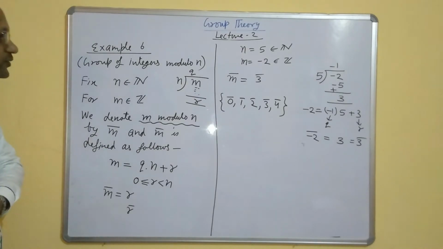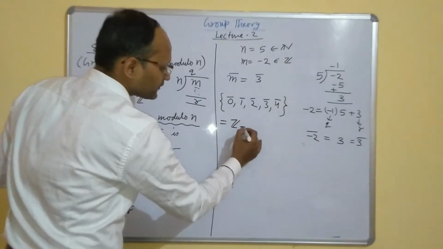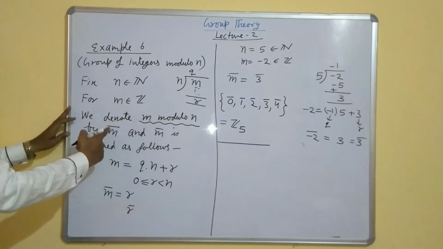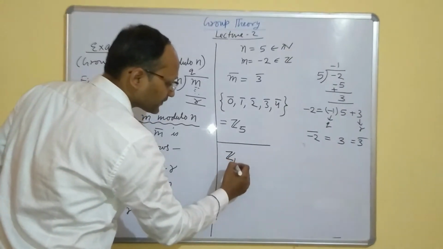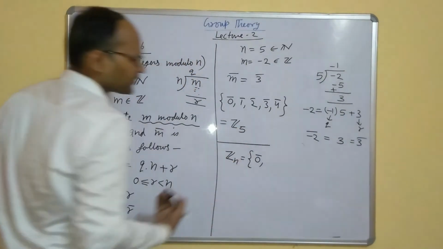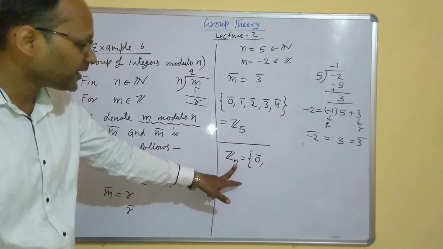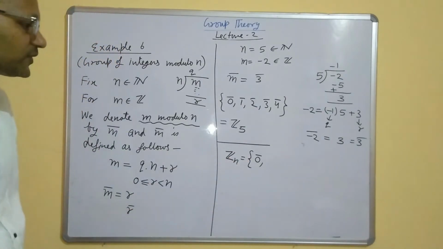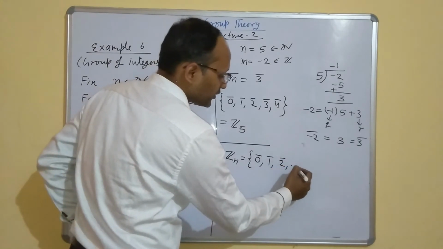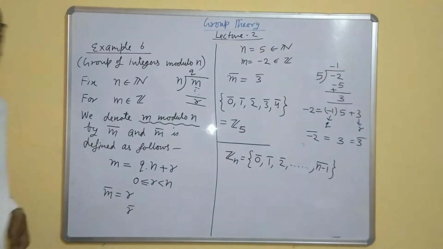Okay. So we usually denote this set as Z5. And similarly, if you determine it for n, then Zn means 0 bar, which actually represents those integers which when divided by n give you 0 remainder, then 1 bar, 2 bar, 3 bar, and similarly n minus 1 bar, because these are the only possibilities of remainders.